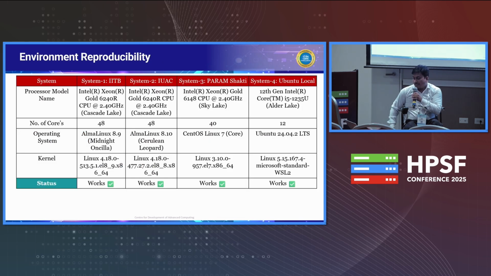Then another aspect we explored was environment reproducibility. As I was mentioning, we built the system image on one platform and then took that image to different systems, like system 1, this IIT Bombay system, and system 2, the IUSC system, as I mentioned earlier. We are the people who have deployed various systems across the country, and various users use them.